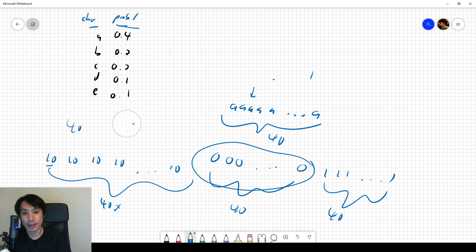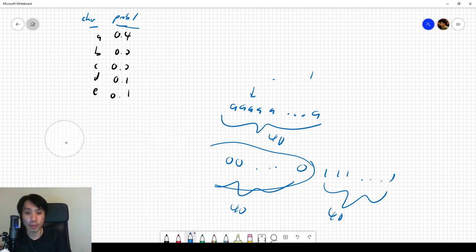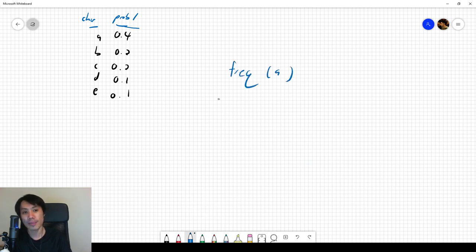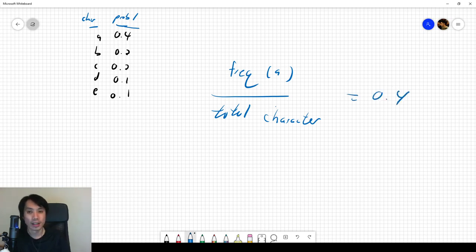Note that frequency and probability are pretty much the same. The frequency of A over the total characters equals 0.4.